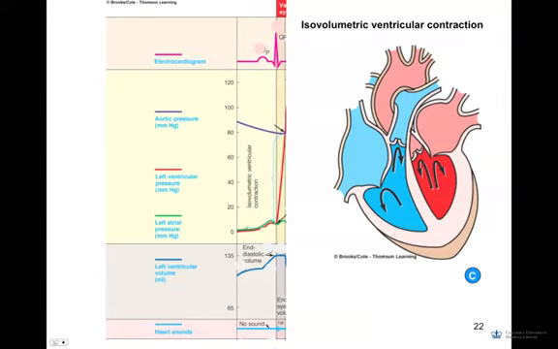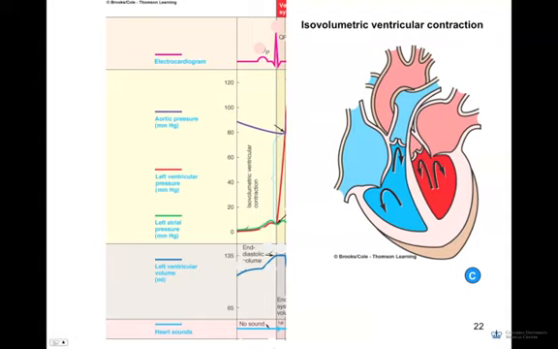Now, the purpose of ventricular contraction is to pump blood into the arteries, to pump blood into the pulmonary artery, into the aorta. However, in order to open that aortic valve, the left ventricle has to build up enough pressure to exceed the pressure in the aorta.